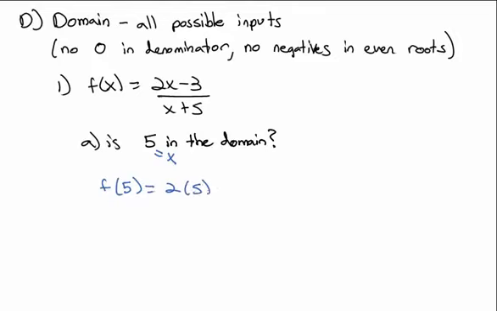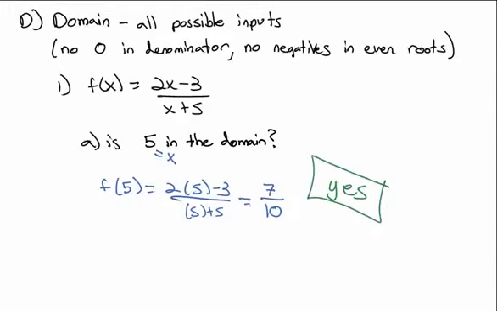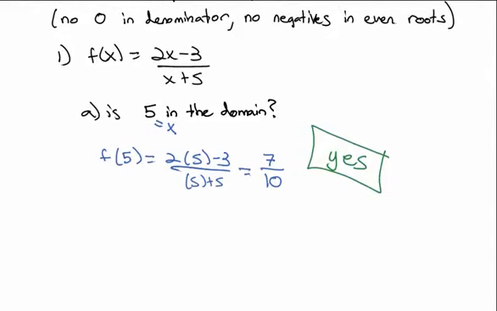Well, here we have 2 times 5 minus 3 over 5 plus 5. 2 times 5 is 10, and 10 minus 3 is 7, and 5 plus 5 is 10. Because we get an answer of 7/10, it doesn't matter what the answer is, but 7/10 is a valid answer, we say yes, 5 is in the domain.